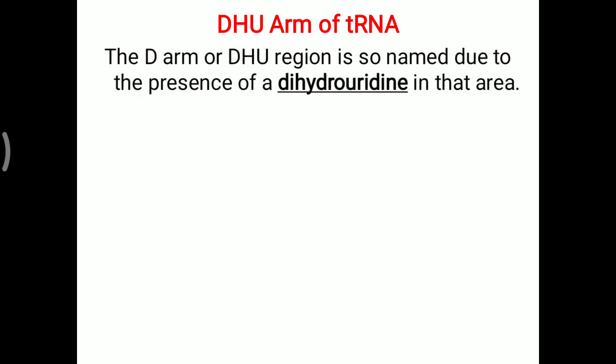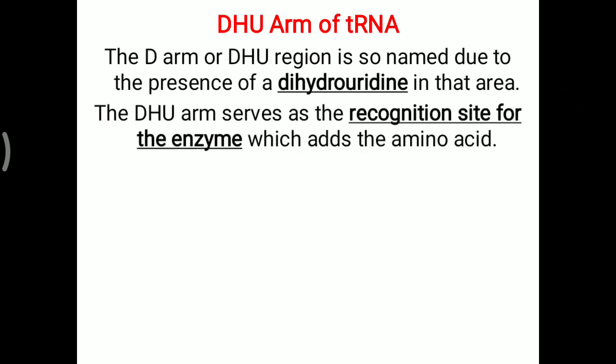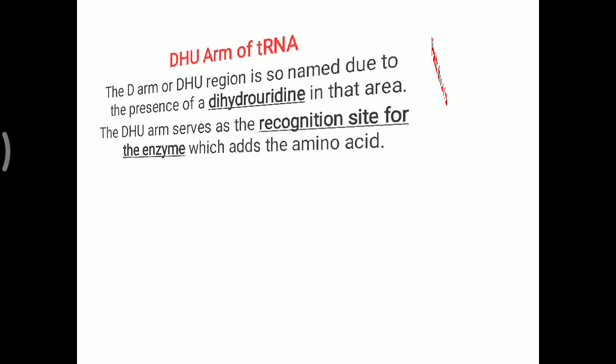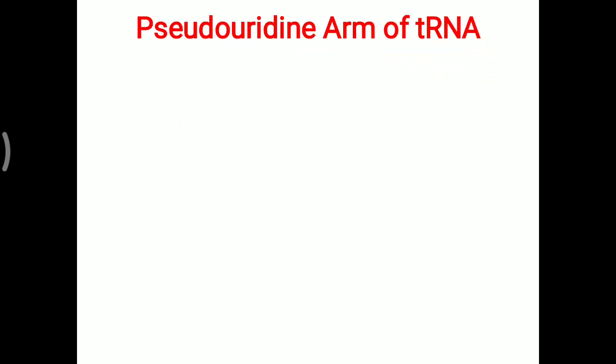Now, one more arm of the tRNA is the DHU arm. The D arm or DHU region is so named due to the presence of dihydrouridine in that area. The DHU arm serves as the recognition site for the enzyme which adds the amino acid. So the D arm functions in recognition of the enzyme. Further, one more arm is the pseudouridine arm of the tRNA.